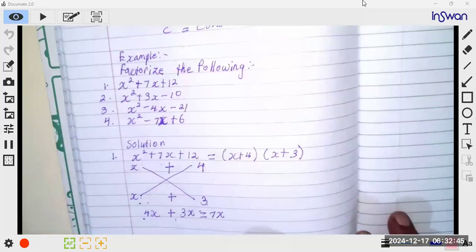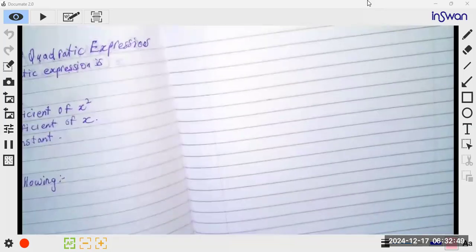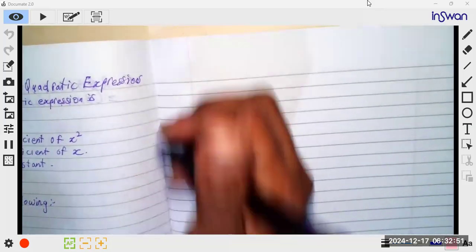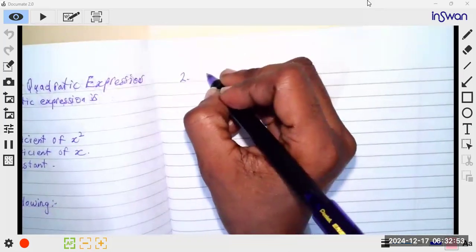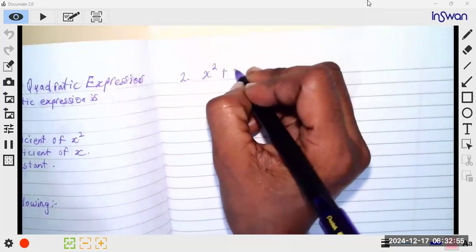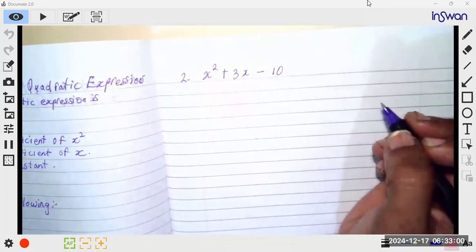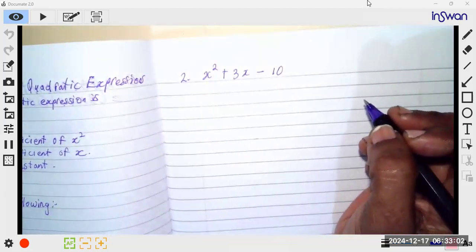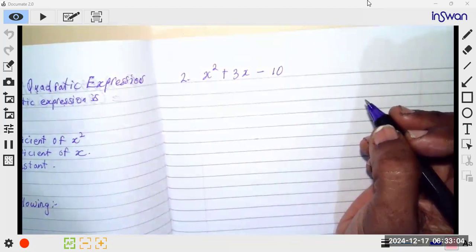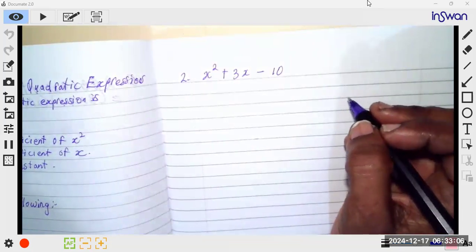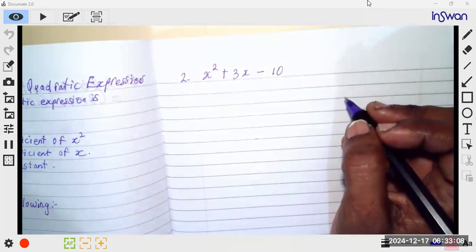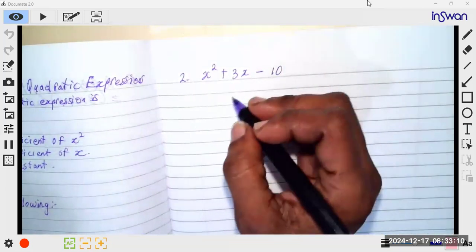Okay, let's go to number 2. Number 2 is x squared plus 3x minus 10. Same process we're going to go through.